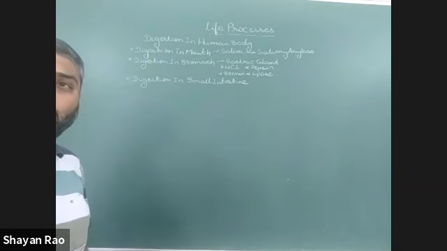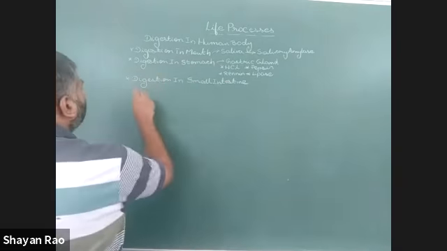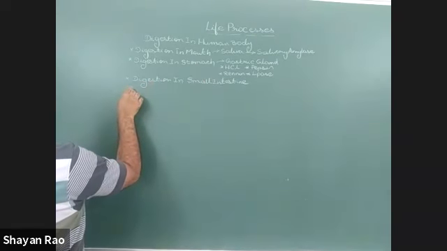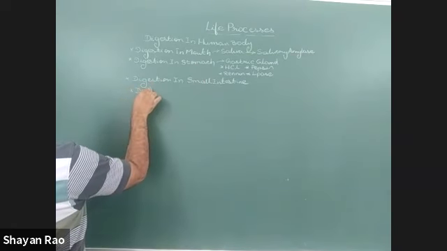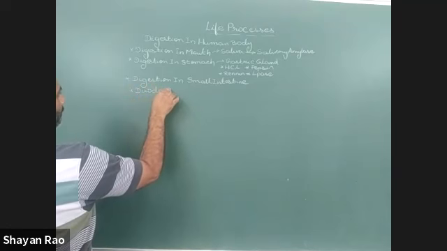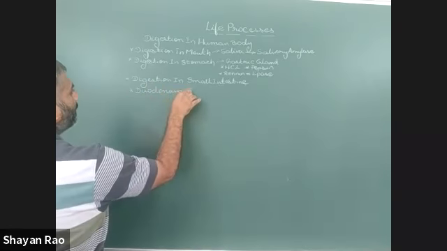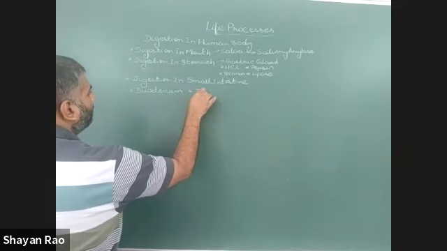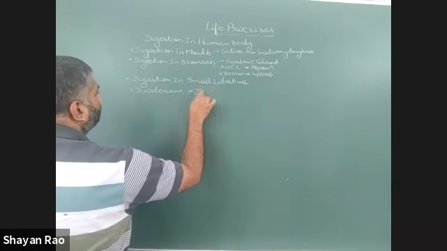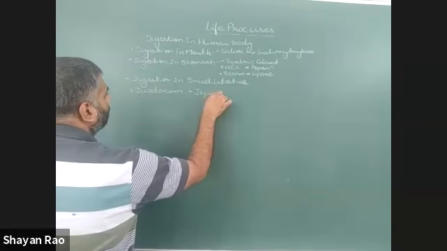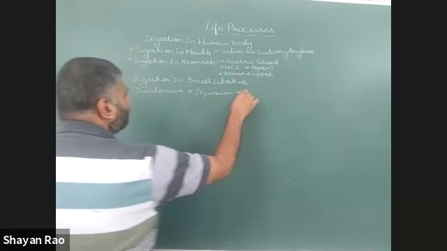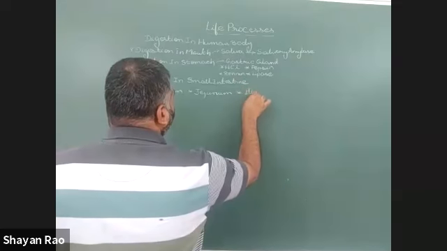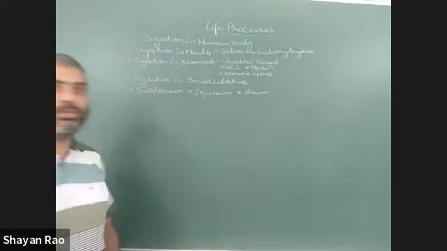As you all know, the small intestine is going to have three parts. One is duodenum. Second is jejunum. And lastly, it is ileum. So these are the three parts we have.